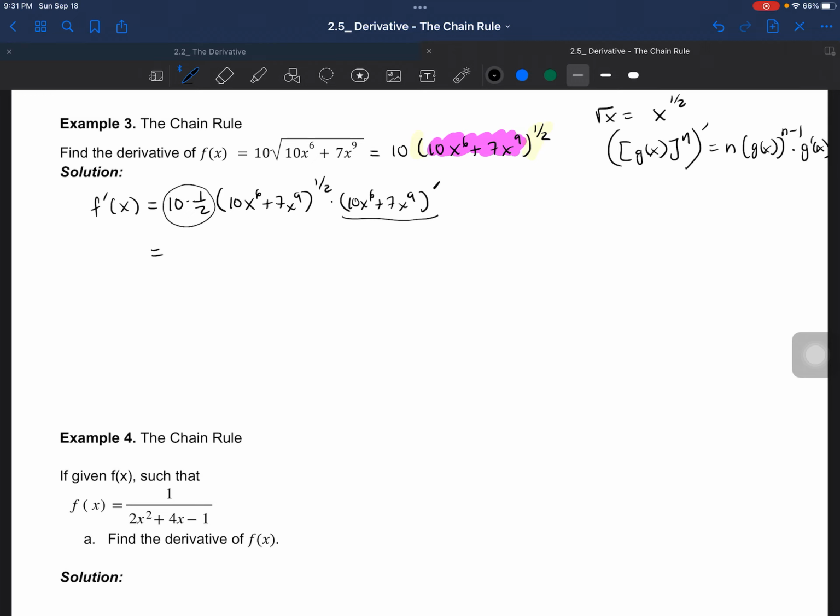We can multiply those two together. 10 times 1/2 is 5. And then I forgot here, I did a silly mistake. This is supposed to be a negative 1/2, right? Because we brought down the 1/2, but we gotta take away 1 from the 1/2. 1/2 minus 1 is negative 1/2. That's why this is negative 1/2.